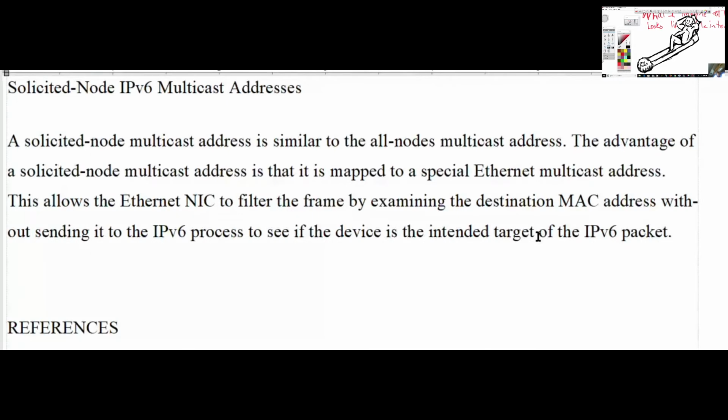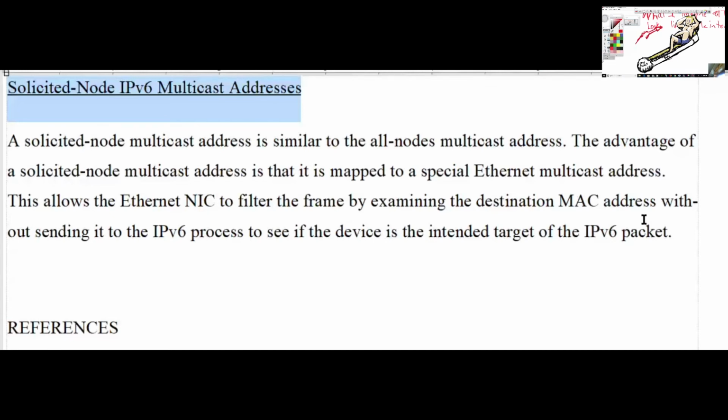Another type of IPv6 multicast addresses are the solicited node multicast addresses. IPv6 enabled devices send ICMPv6 router solicitation messages, or RS messages, to the all routers multicast address. The RS message requests an RA message from the IPv6 router to assist the device in its address configuration.